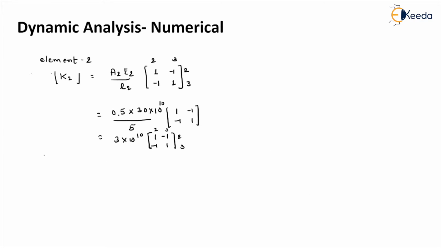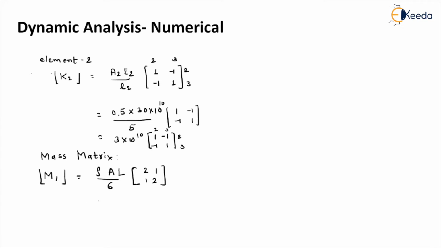In the same way we have to find the mass matrix for element number 1 and element number 2. For the first step we will find the matrix for element number 1, M1 is equal to rho A L by 6 times 2 1 1 2. This derivation we have also done in the earlier video, so you can check it out.